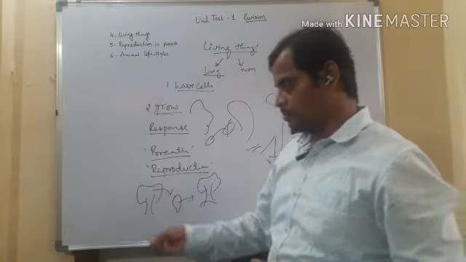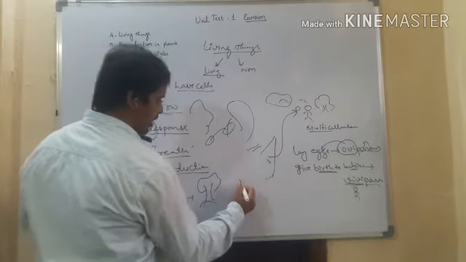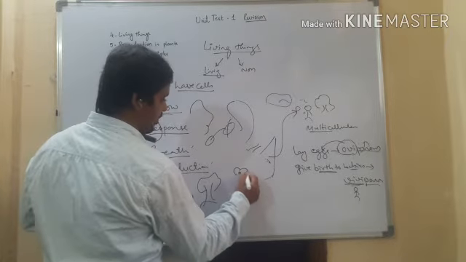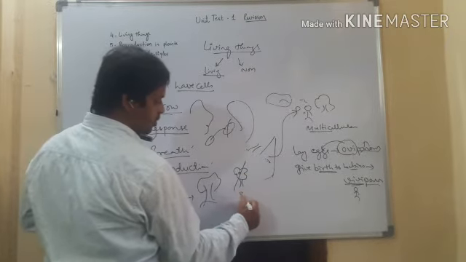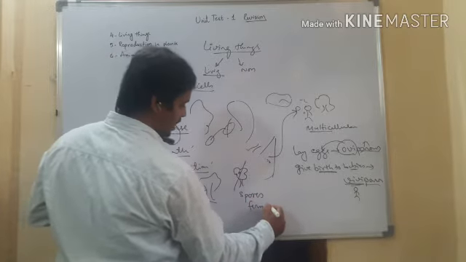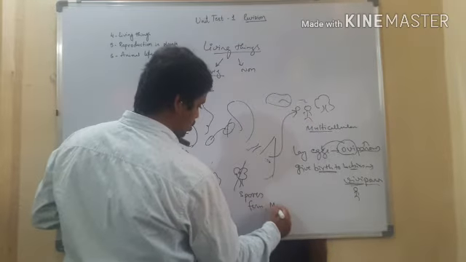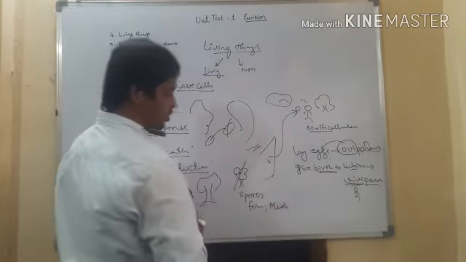Whereas plants can produce spores if they are non-flowering. If a flower is not there, then they produce spores. Fern plant, pinus plant, and fungus, mushroom, they develop spores.